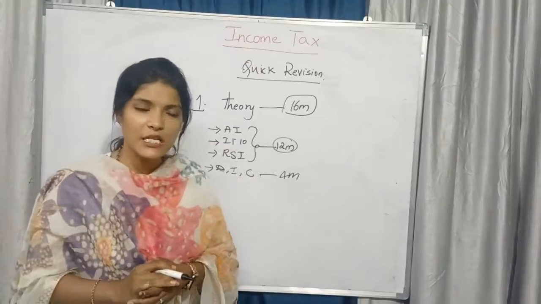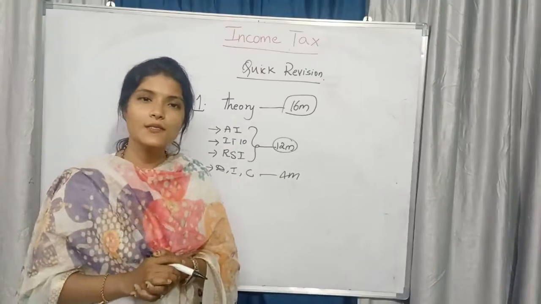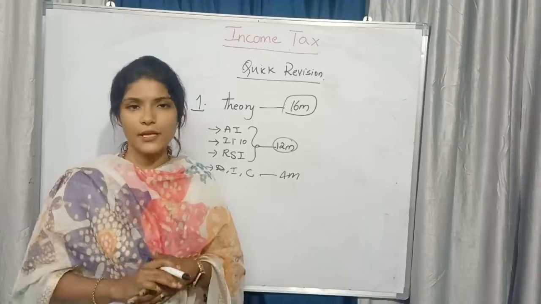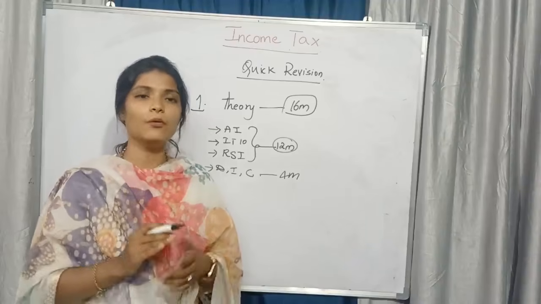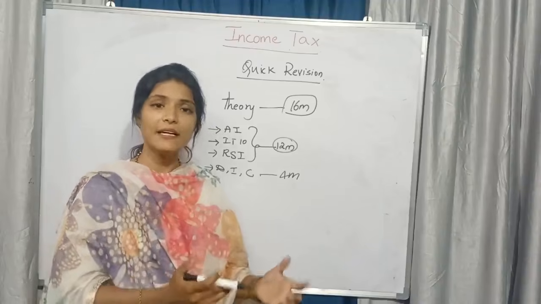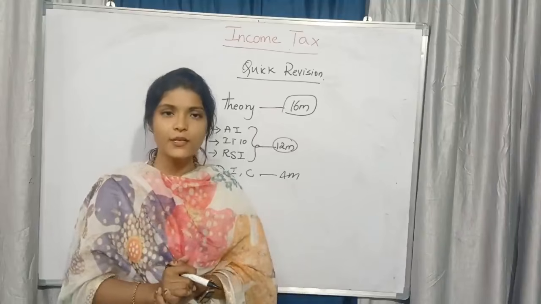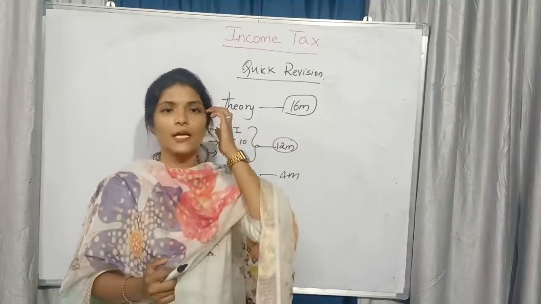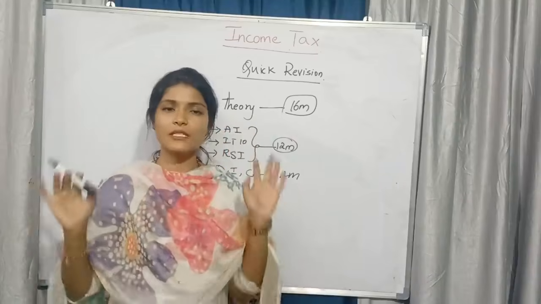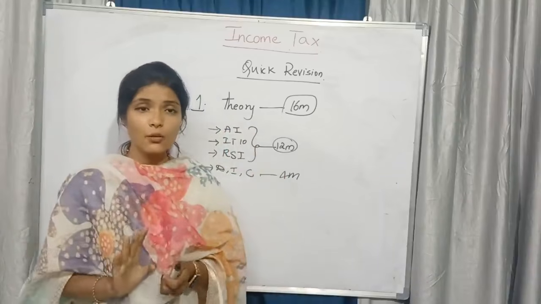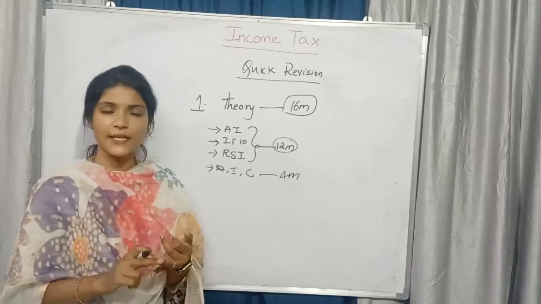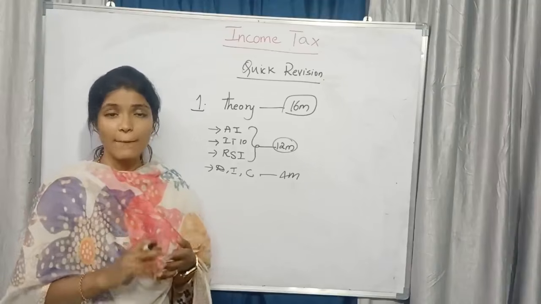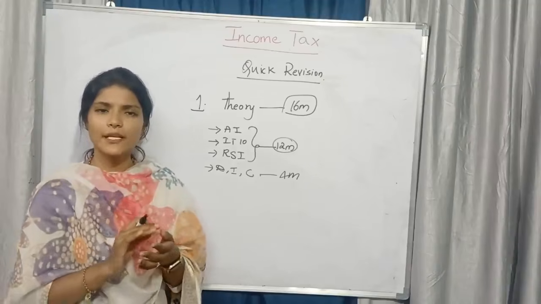What is agriculture income? In India, agriculture income is fully exempted. The people who are getting income from agriculture land don't need to pay tax to the government. It is fully exempted, zero tax. Harvesting, irrigation, cultivation, farming, these all come under agriculture only.